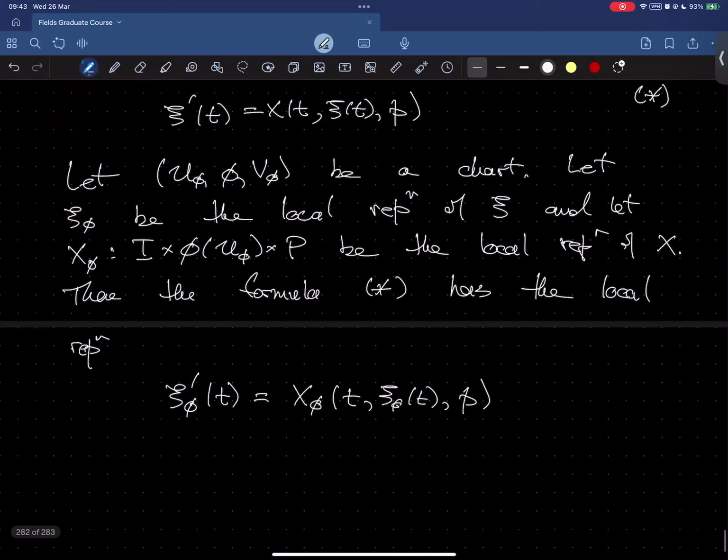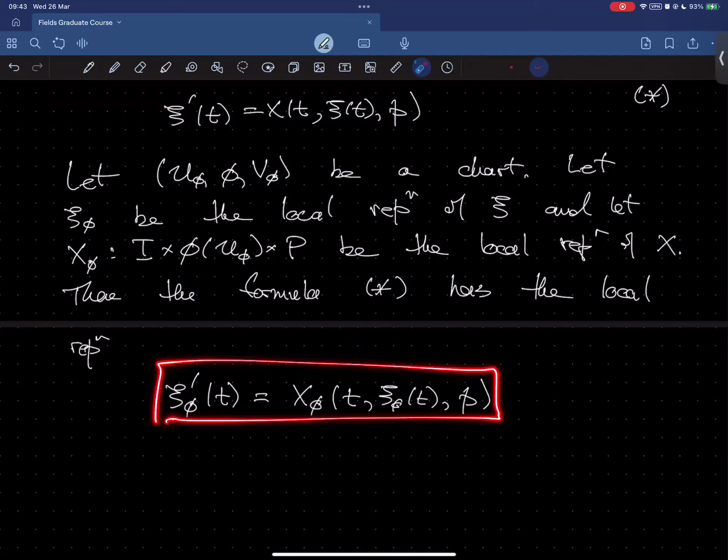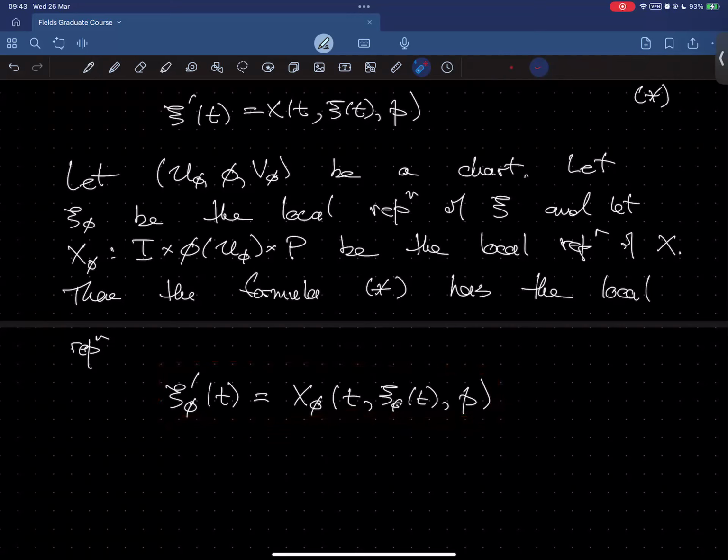And so the role of p here is it's just a parameter. It's not time dependent. And so, when you write down this formula, P is fixed. And then you change phi and the formula changes and you get a different formula, but P is still fixed at whatever value it is that you choose for it. So the interesting thing for the purposes of this equation is t and the dependence on t and the point in phi of u phi.